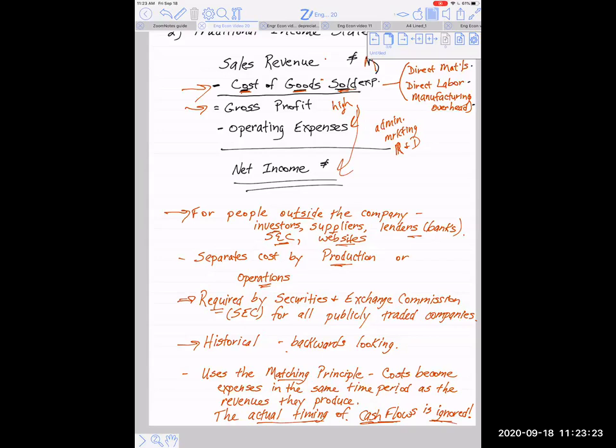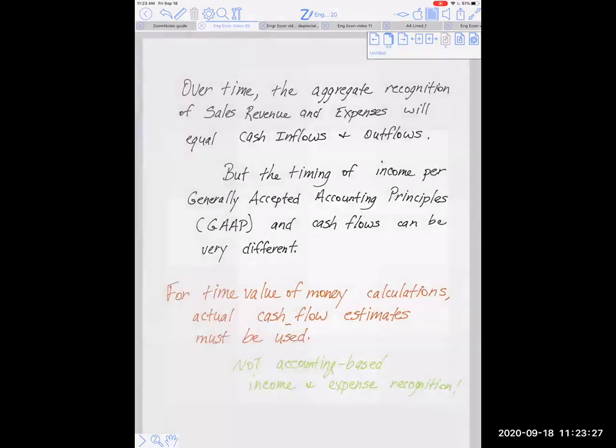When are the actual cash flows coming in or going out? So over time, the aggregate recognition of sales revenue and expenses will equal cash inflows and cash outflows like we need for engineering economics. But the timing of those expenses will differ because companies, publicly traded companies, have to follow GAAP, generally accepted accounting principles. So that may give a little different timing result.